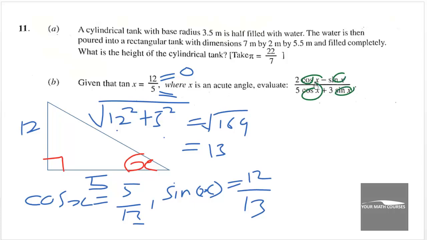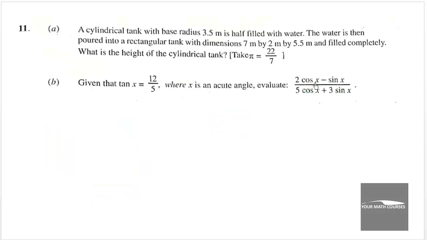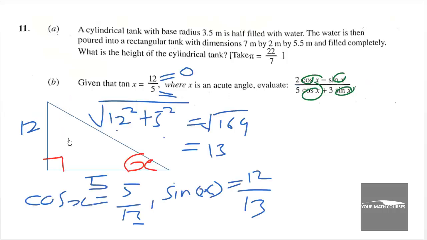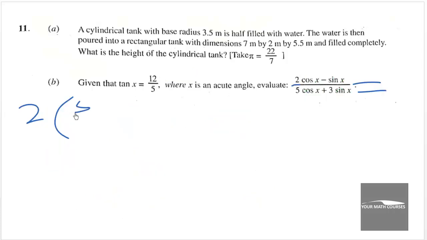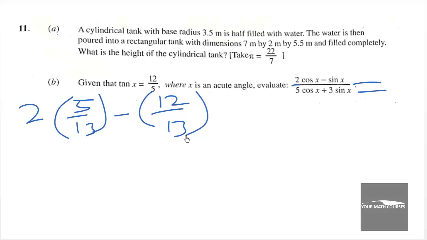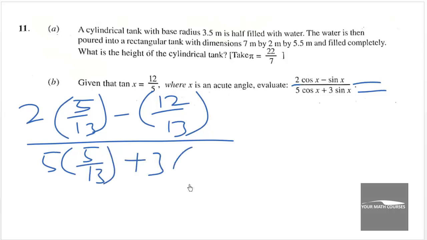Then we simplify. We have 2 times (cos x, which we found to be 5 over 13, minus sin x, which is 12 over 13), all over 5 cos x, which is 5 over 13, plus 3 sin x, which is 12 over 13.